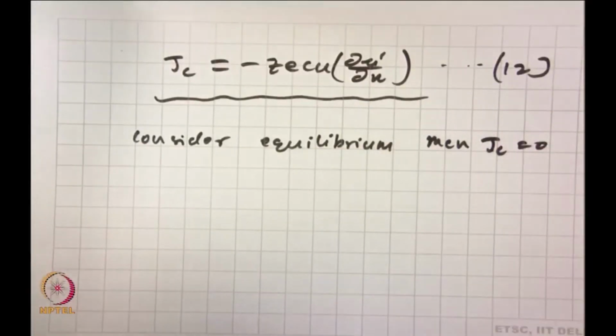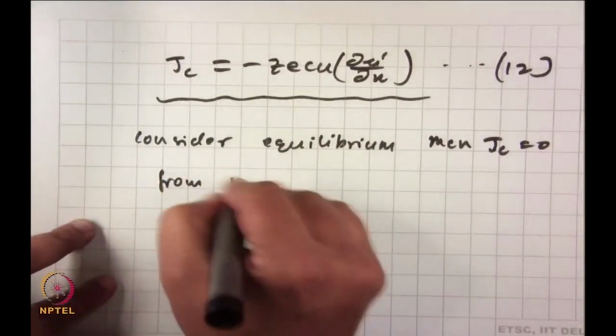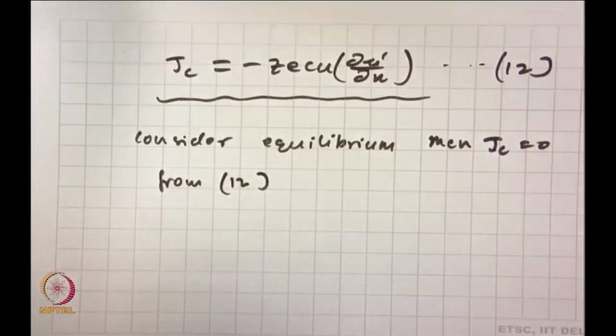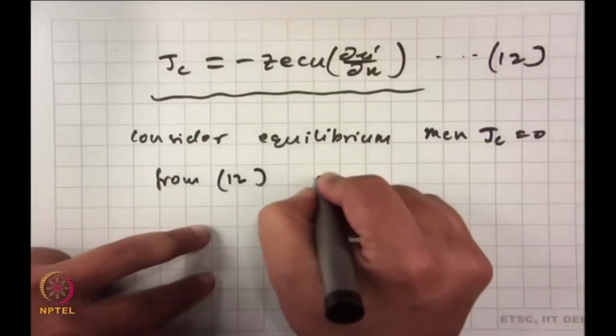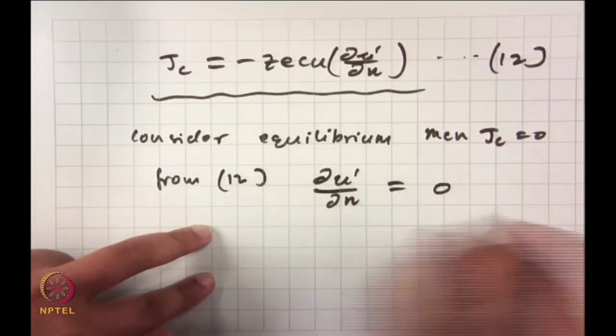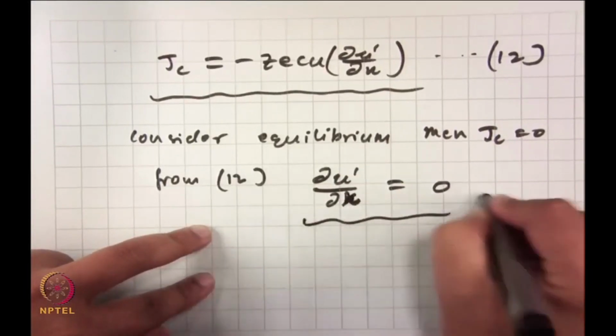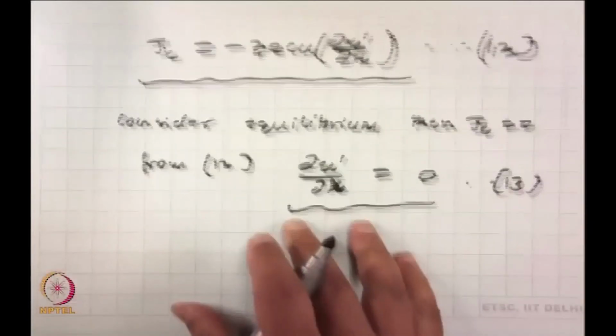If J c is equal to 0, from 12 what do we have then? Z, E, C and U cannot be 0, these are constants. So, what we can have is del mu prime over del x would be equal to 0. This is del x, my x almost looks like n. So, this is 13.